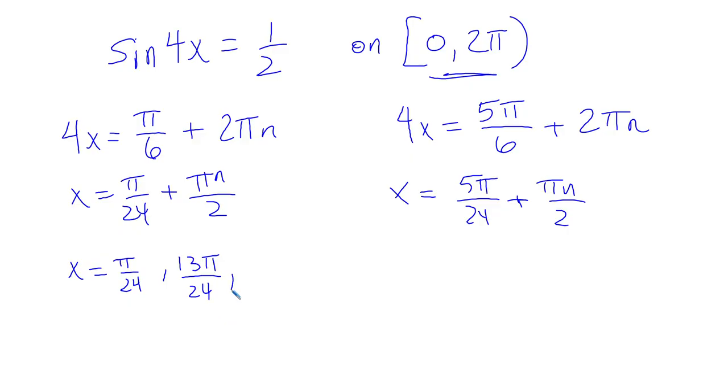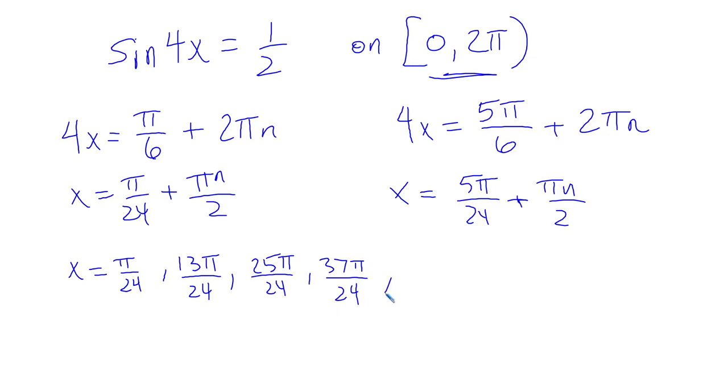And then when n is 2, that's going to give us 25 pi over 24. And once more, when we put in a 3 for n, 3 pi over 2 is 36 pi over 24, plus 1 pi over 24 is 37 pi over 24.